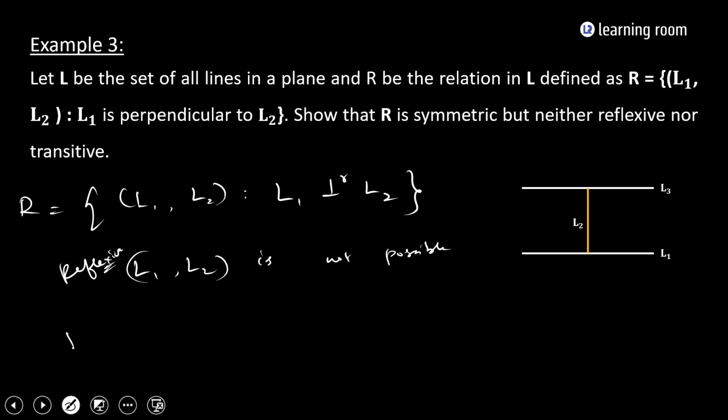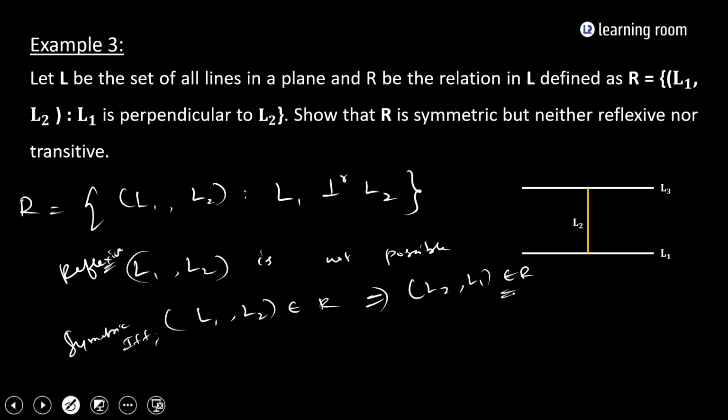Then what about symmetry? If I say L1 comma L2 belongs to R, I have infinite number of lines in the plane. Among them, if I'm able to find two lines L1 and L2 where L1 is perpendicular to L2, can I blindly conclude that L2 comma L1 will also be a part of R?